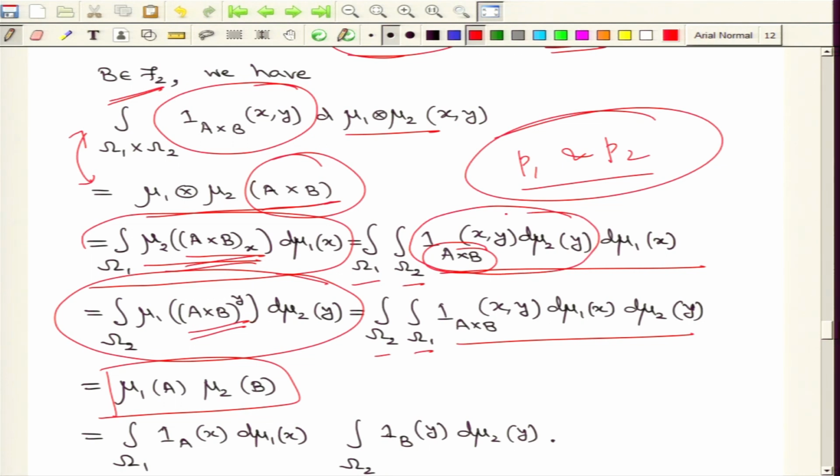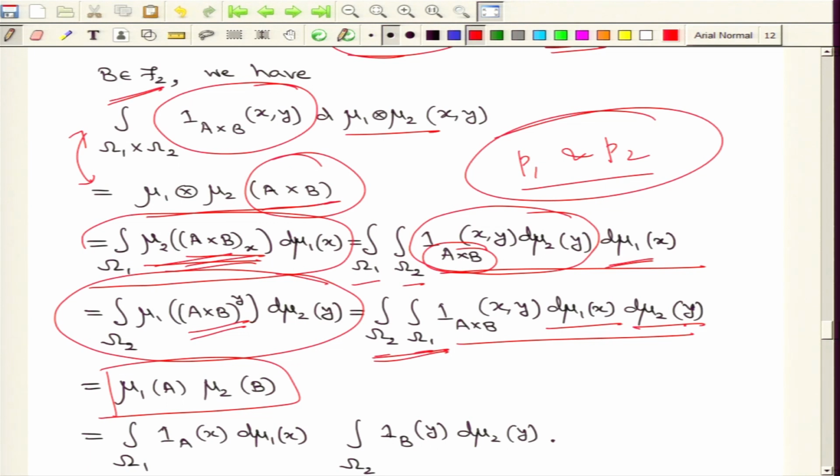That will essentially give you the mu2 of the section of A cross B by the point x. And if you integrate it further with the measure mu1, you will get these iterated integrations which will give you the function P1. Similarly, you will get the function P2 if you reverse the order of the integrations in the iterated integrals. First integrate out with respect to the measure mu1 and then integrate with respect to the measure mu2.